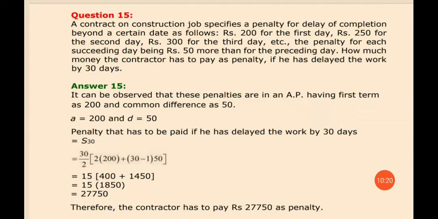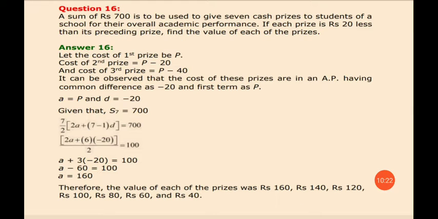Now moving towards the next question, question number 16. Again it is a word problem which says that a sum of rupees 700 is used to give 7 cash prizes to students of a school for their overall performance. If each prize is 20 rupees less than its preceding prize, find the value of each prize.